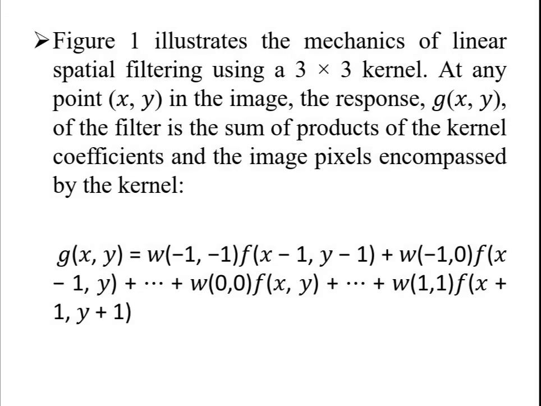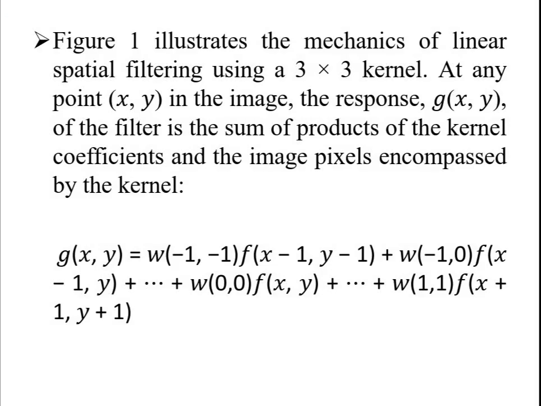Let us consider Figure 1, which illustrates the mechanism of linear spatial filtering using a 3 by 3 neighborhood. At any point (x, y) in the image, the response g(x, y) of the filter is the sum of the products of the filter coefficients and the image pixels encompassed by the filter.